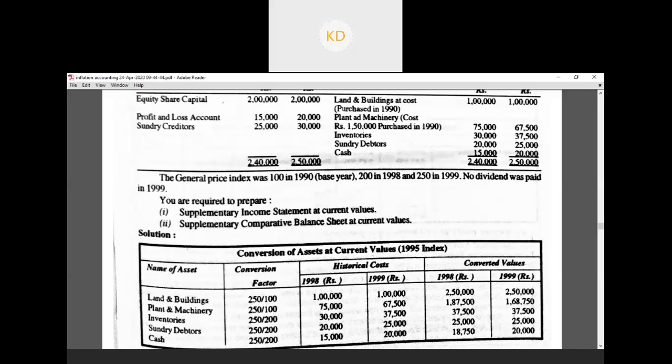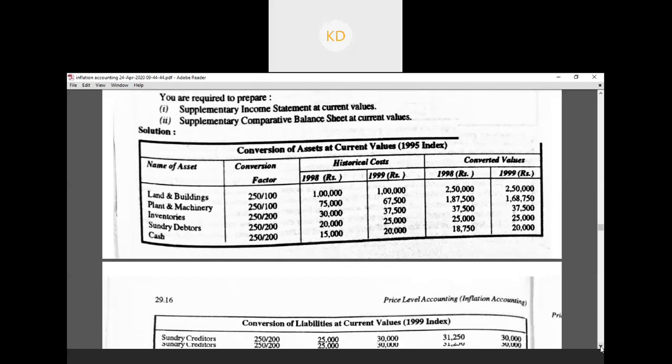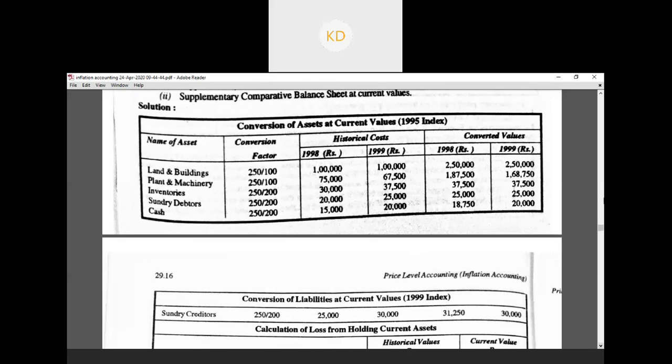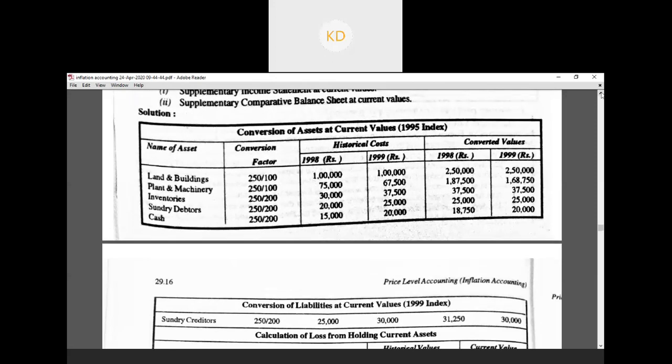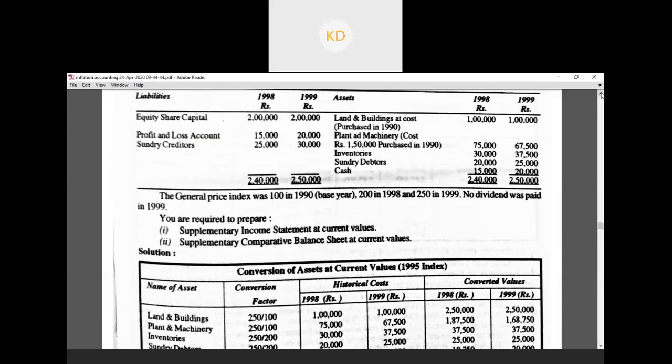So what am I going to do? I am going to convert all the historical values and get my converted values. This is with regard to my assets. Now I'm talking about the liabilities. In the liabilities, you have equity share capital, profit and loss, and creditors.